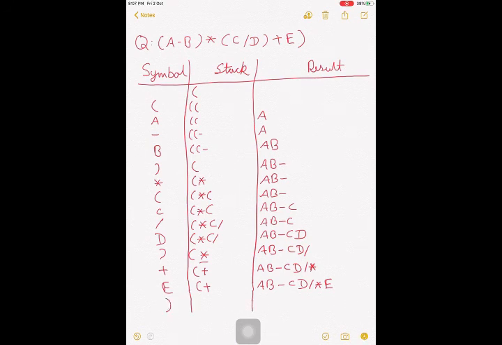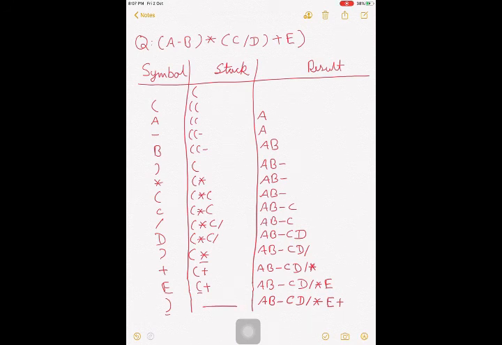The result of scanning the closing bracket is that the plus present on the stack will move to the result: AB minus CD upon into E plus, and these two brackets will be ignored. They will nullify each other and we will have an empty stack.